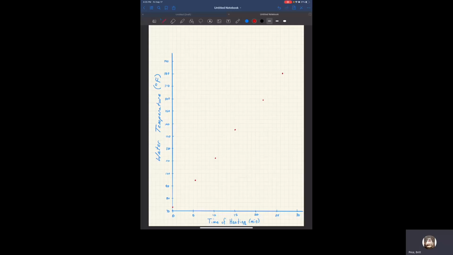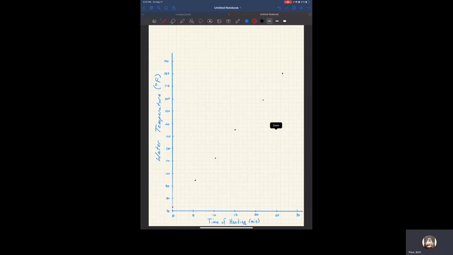Your next step in your data is to adjust for line. If you can get your hands on a transparent ruler, that helps a lot.